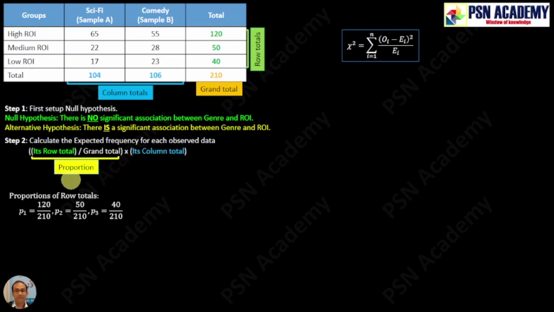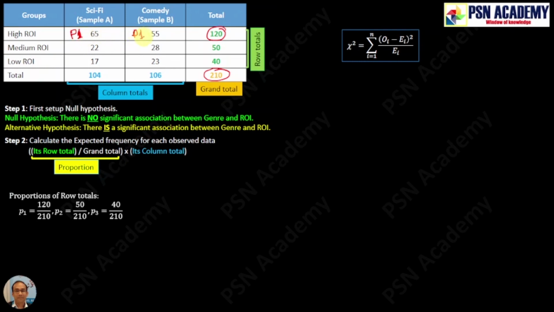So let us go for the proportions. The first one, this P1, is 120 by 210. That means this 120 out of 210. So this will give you the proportion of high ROI out of all those movies, right? So this one will be P1. P1 goes with this cell, P1 goes with this cell also, right? So give it a suffix. This is a suffix I have given in the explanation.